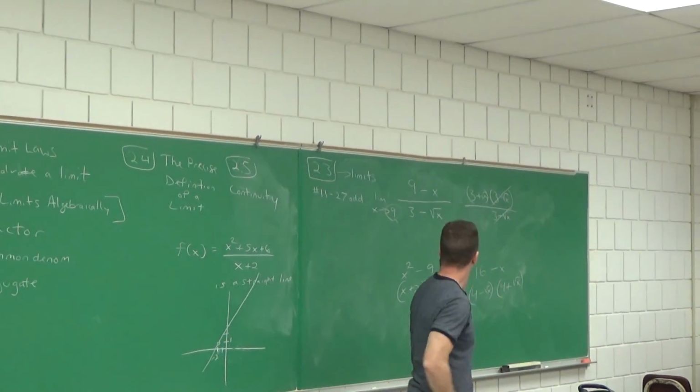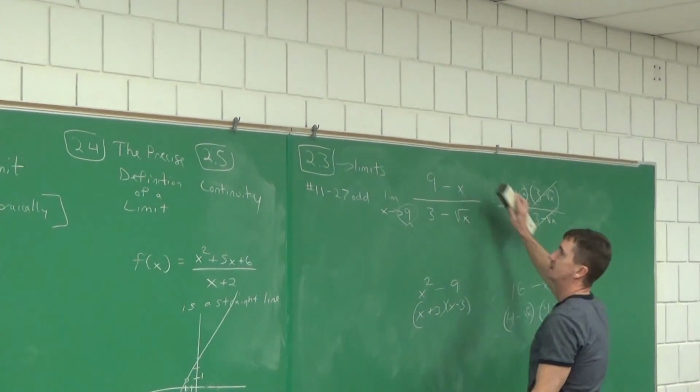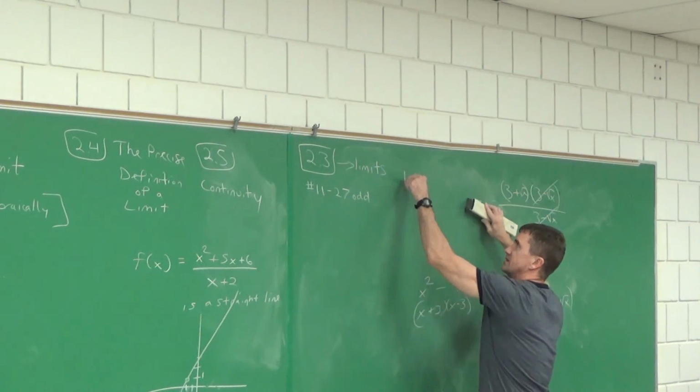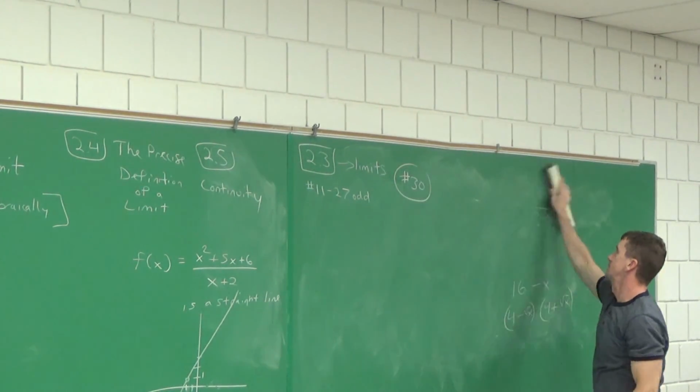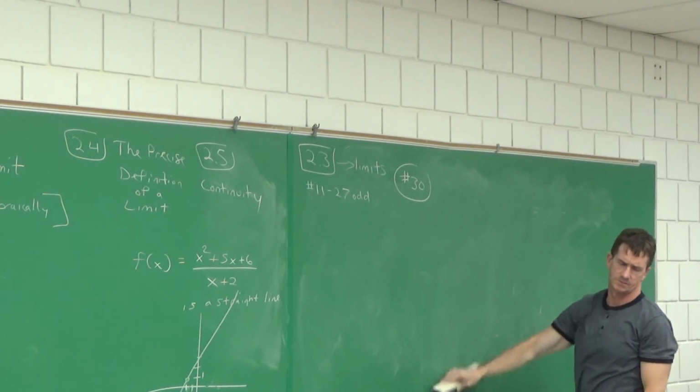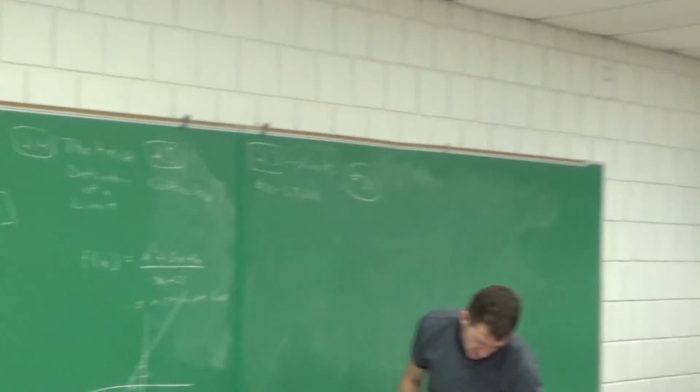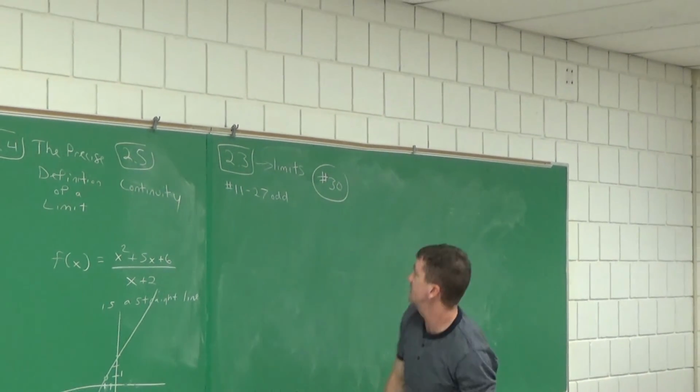Okay. Finally, I get to grab a problem that's actually in the book because it's even. This is number 30. All right, so you can write that number 30. Let's do that one. The limit as x approaches -4.